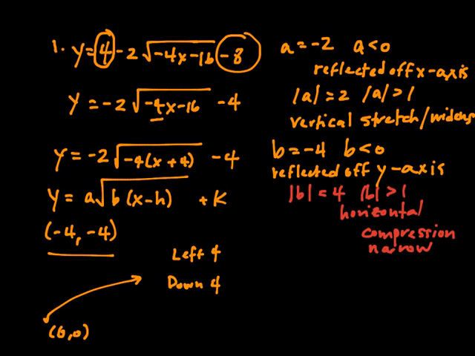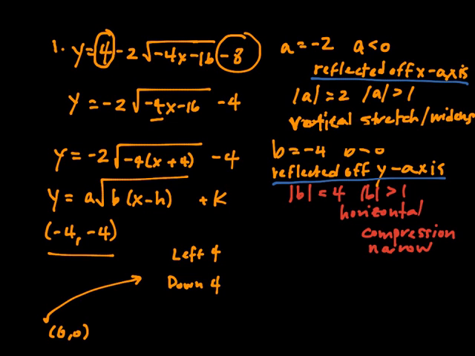Whether the function gets narrow or gets wider, that does not affect domain or range at all. What does affect domain and range is the reflections. Oh no, that was a vertical. What affects it are the reflections.